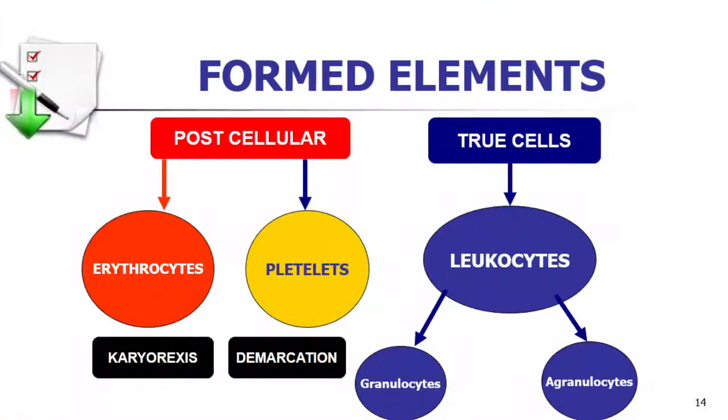From the formed elements, we start our discussion with the postcellular elements, erythrocytes and platelets. Both these elements derive from cells via higher specialization, which is also named differentiation of cells. The mechanism of creation of erythrocytes is named karyorrhexis, or extrusion of nuclei.